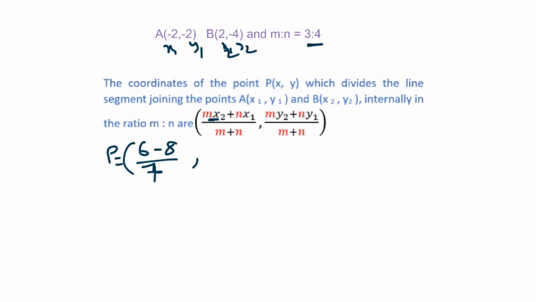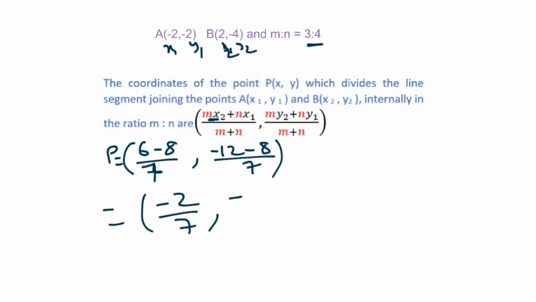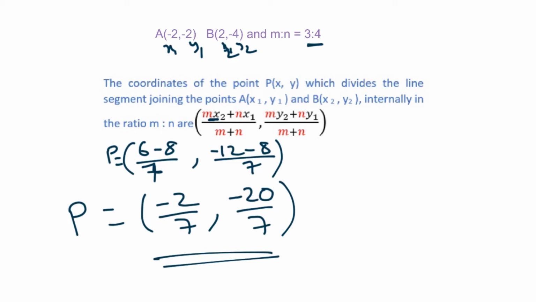Now m y2, 3 times -4 is -12, and n y1, 4 times -2 is -8, divided by 7. So the coordinates are (-2 by 7, -20 by 7). This is the point P which divides the line segment AB in the ratio 3:4.